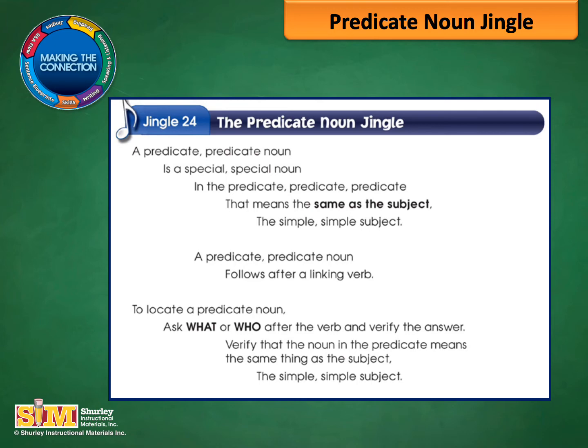A predicate noun follows after a linking verb. To locate a predicate noun, ask what or who after the verb and verify the answer. Verify that the noun and the predicate means the same thing as the subject, the simple subject.